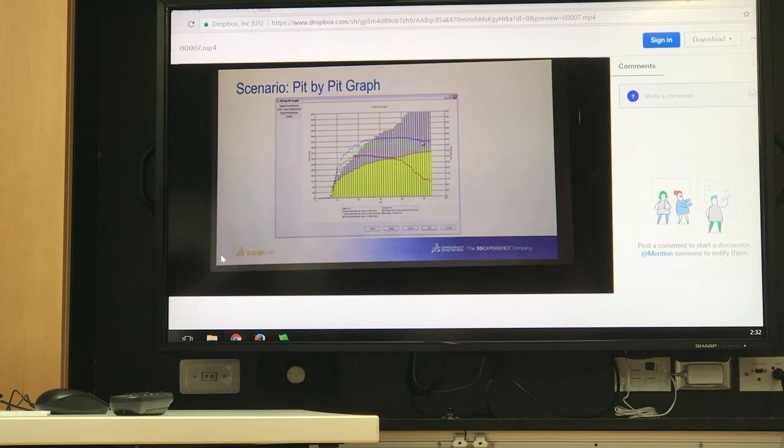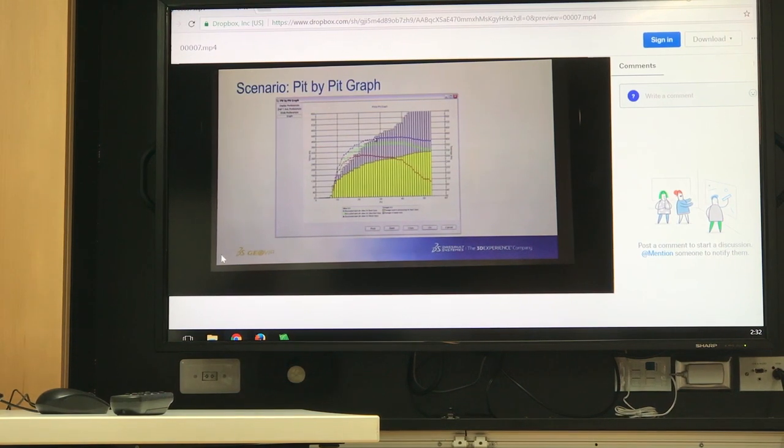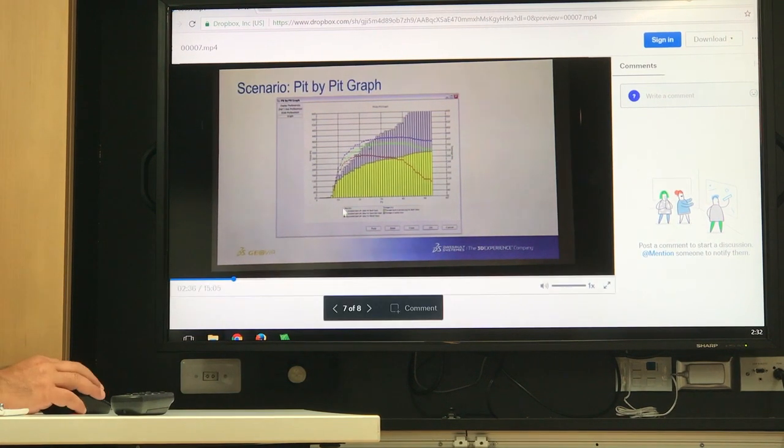The best case scenario is when you extract the final pit shell, shell by shell. And the worst case scenario is when you're extracting it bench by bench, correct? So here it's actually explaining this.